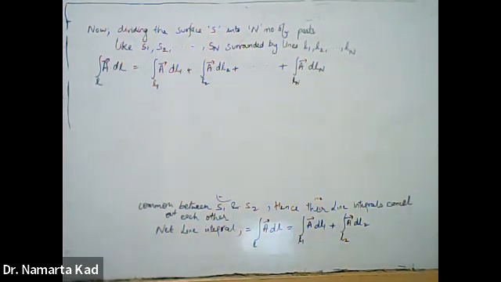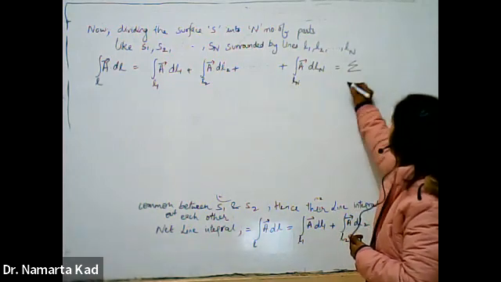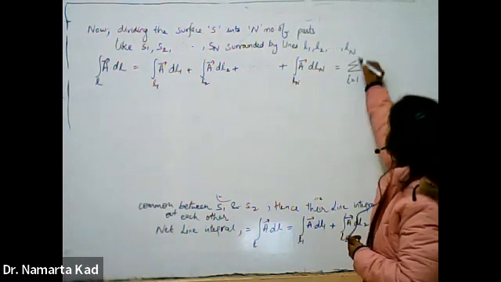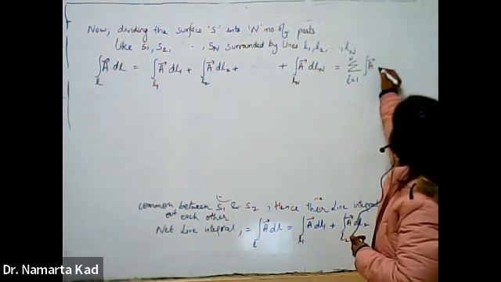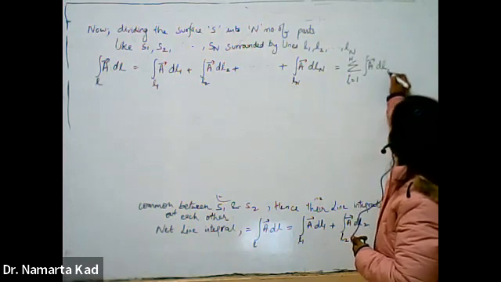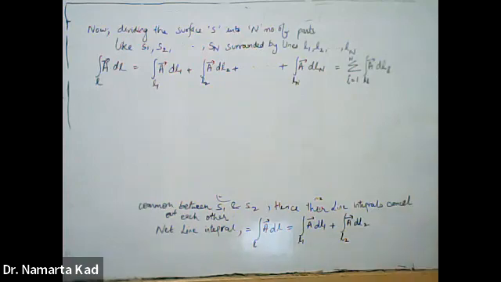Okay, and in the summation form, this can be written as summation of i equals 1 to n of A vector dli, and here it is Li.